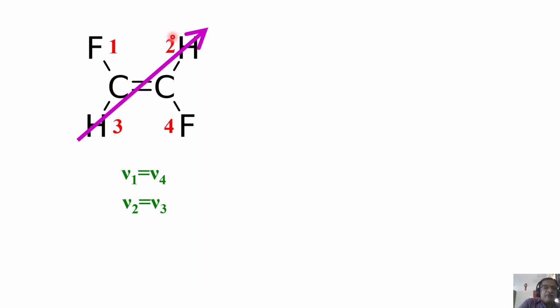So in the proton spectrum, we have two different peaks. Similarly, in the fluorine spectrum, we have two different peaks. In this example, because of symmetry, this proton and this proton are equivalent, and this fluorine and this fluorine are equivalent. Okay, and what about other interaction parameters? We'll come to that later.